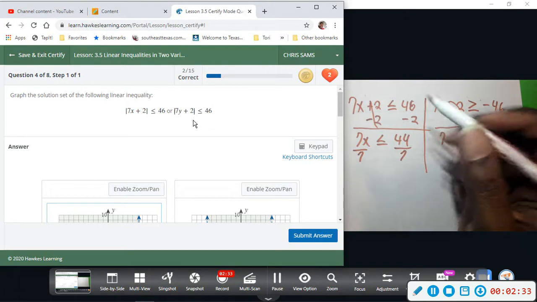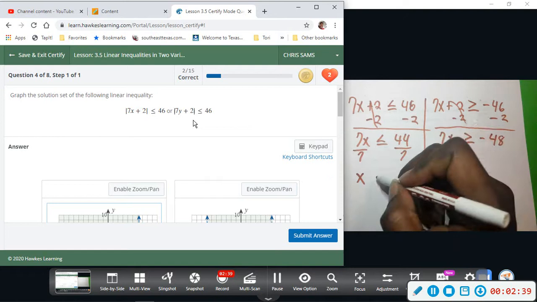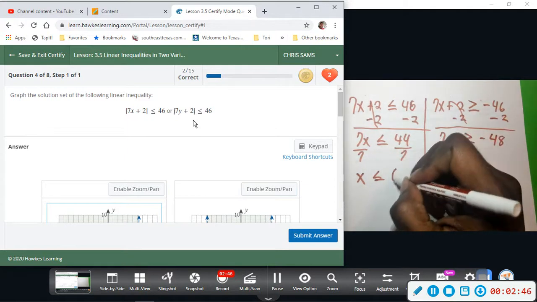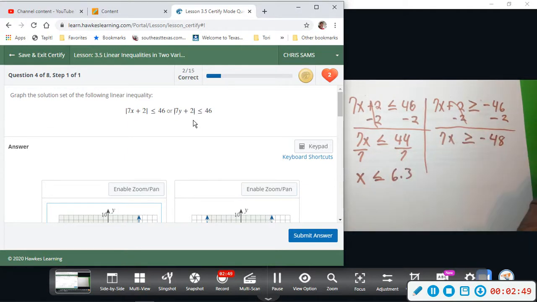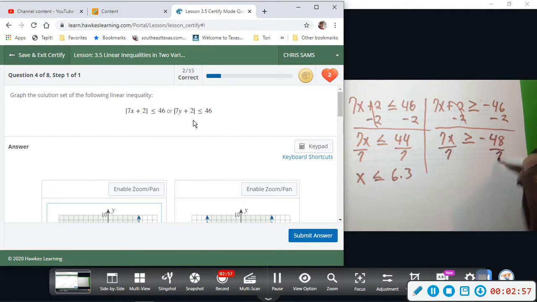Divide by 7, and we get x is less than or equal to, this is going to be roughly 6.3 if you estimate. It's okay. We just need a number to put on the graph. Over here we're going to divide by 7, and we get x is greater than or equal to roughly negative 6.9, approximate.